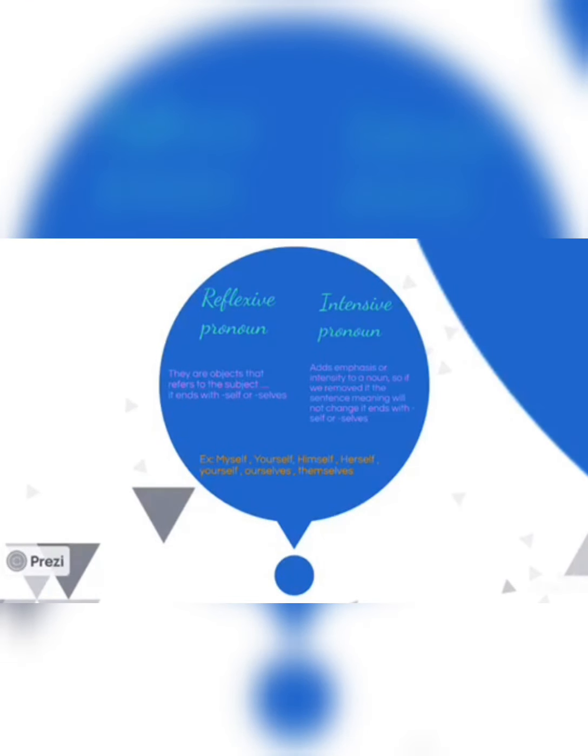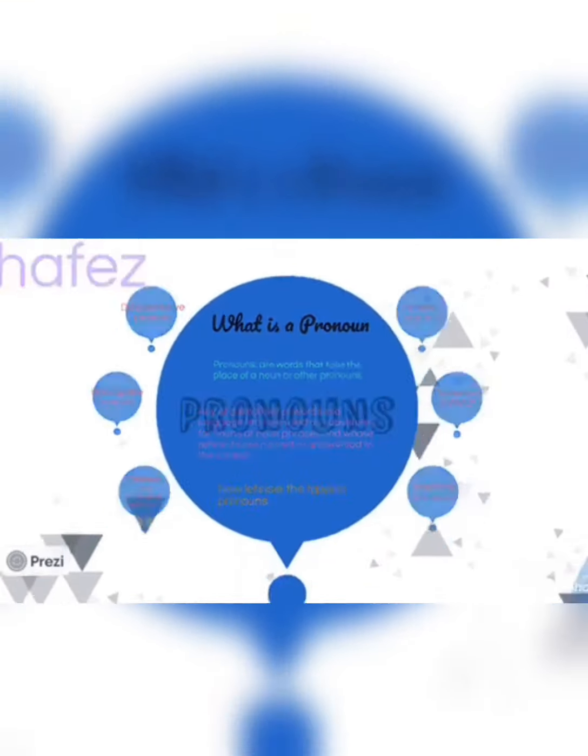They are objects that refer to the subject. Intensive pronouns add emphasis or intensity to a noun, so if we removed it from the sentence, the meaning will not change. It ends with self or selves. Examples: myself, yourself, himself, herself.